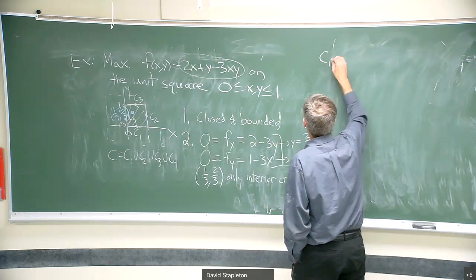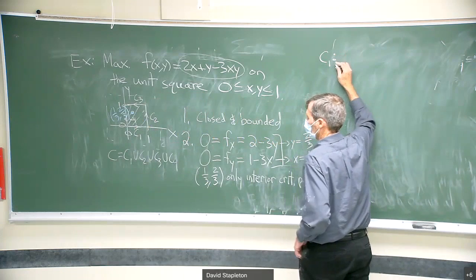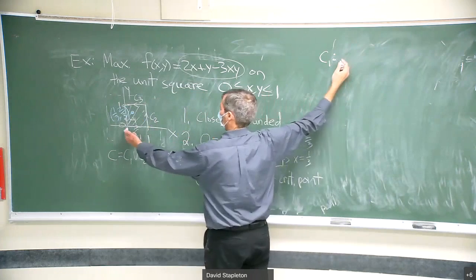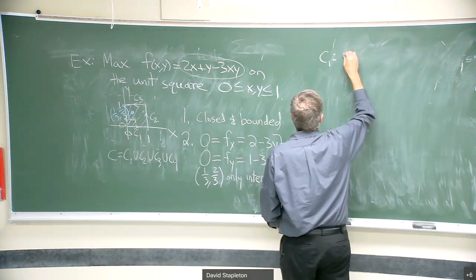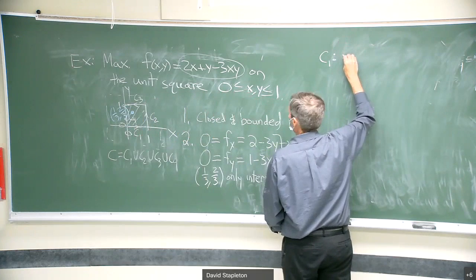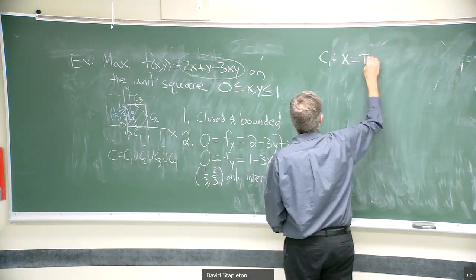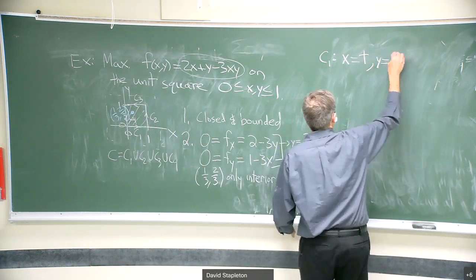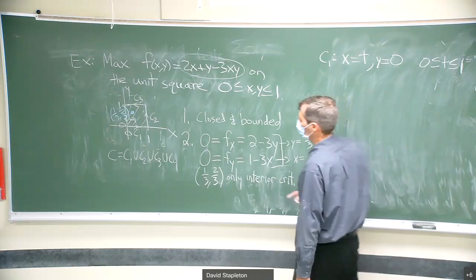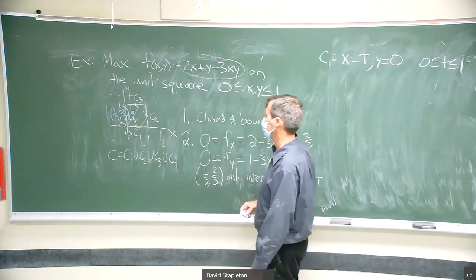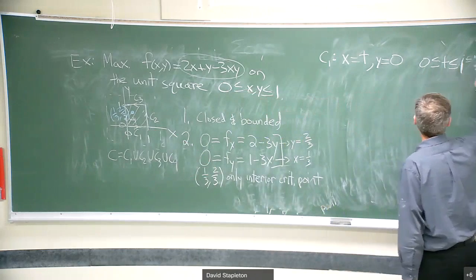So for C1, this is really easy. y is equal to 0 and x has to go from 0 to 1. So I'll make parametric equations: x equals t, y equals 0, and let t run from 0 to 1, and we'll sweep out the first unit of the x-axis there.